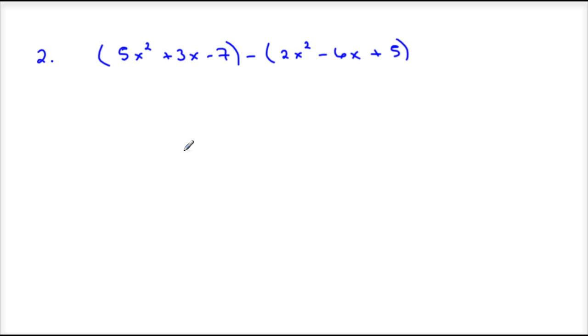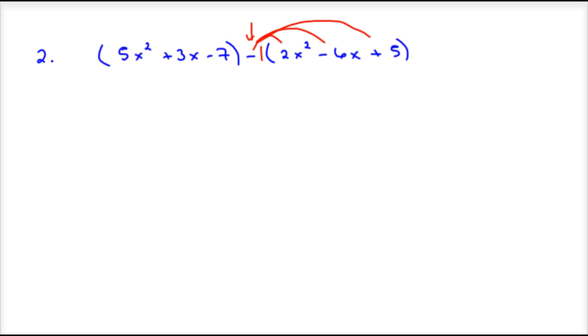So here we have a trinomial minus a trinomial. So we have 5x squared plus 3x minus 7 minus, so let's be careful here, here's our big one, the quantity 2x squared minus 6x plus 5. In this case, I need to distribute this negative 1, or this minus sign, to each term inside these parentheses.